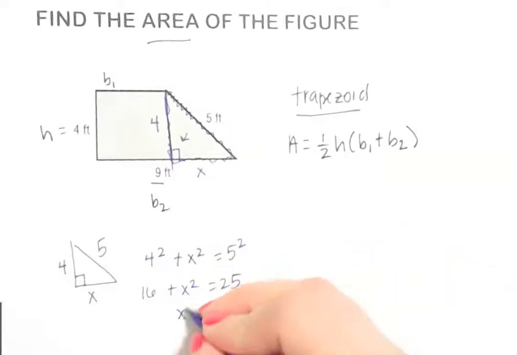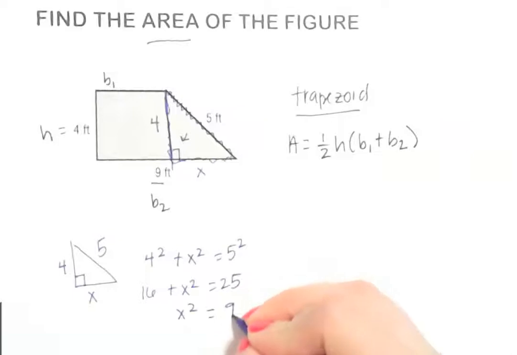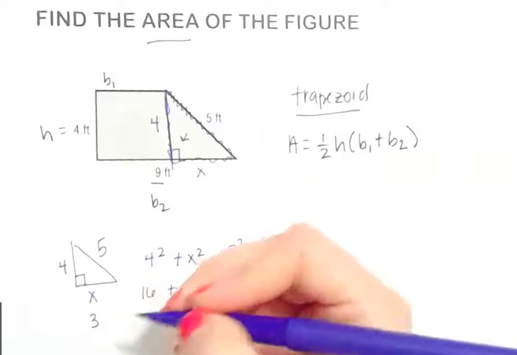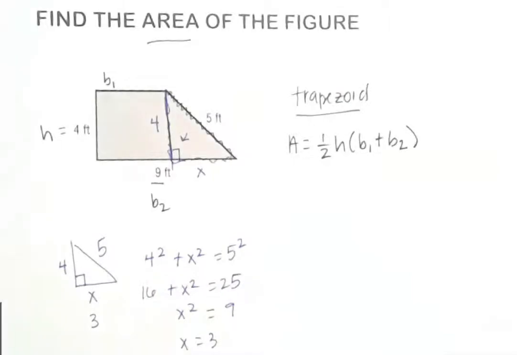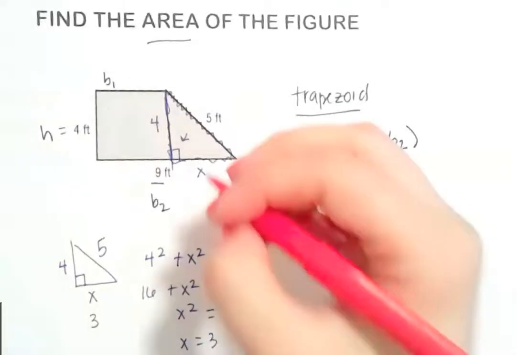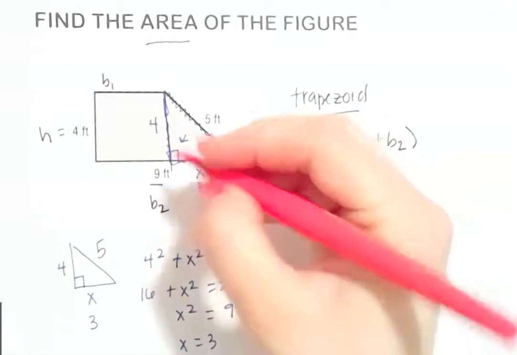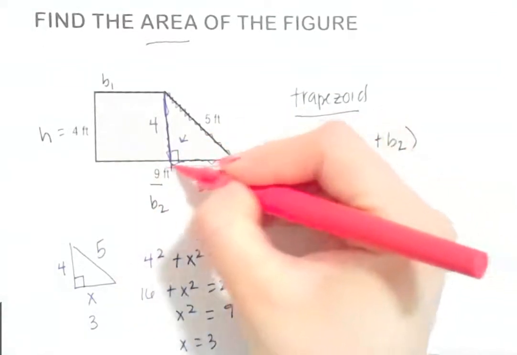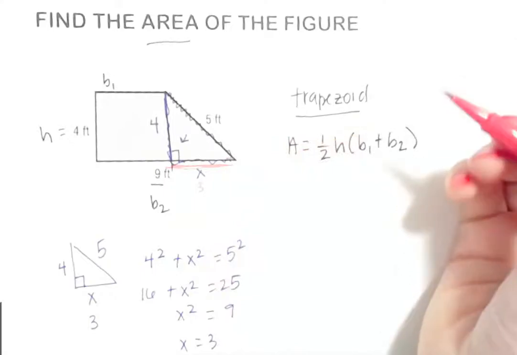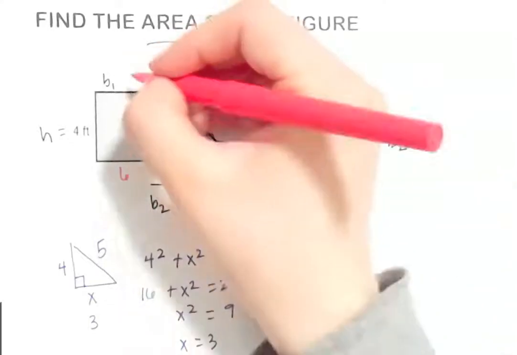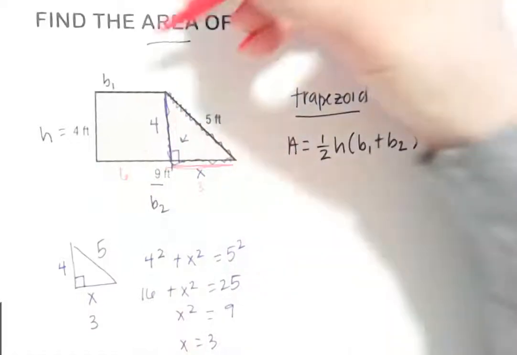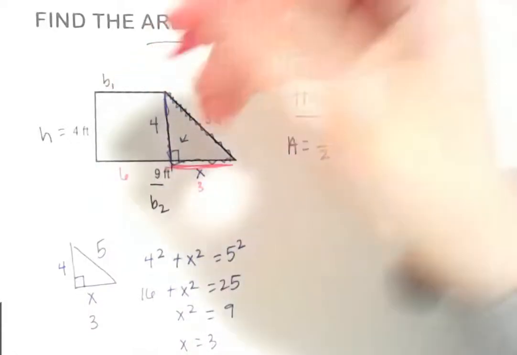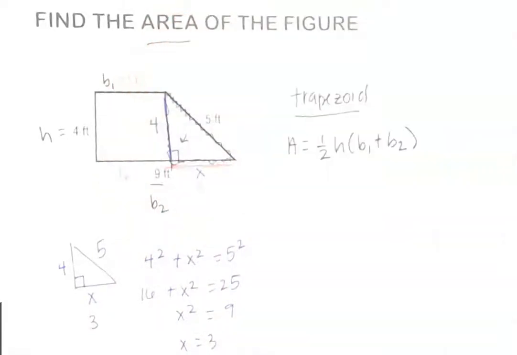Subtract 16, x squared equals 9. x is 3. So now that we know this is 3, what's left over of our 9 if this part right here is 3? Well, it would be 6, right? And if this is 6, so is this top of 6.